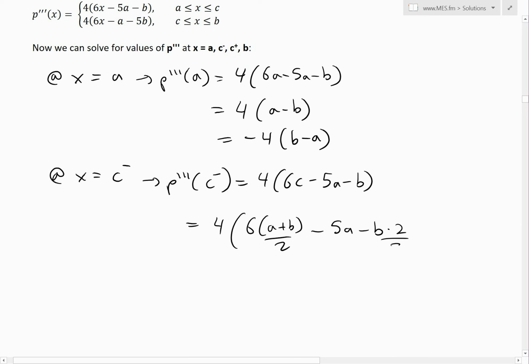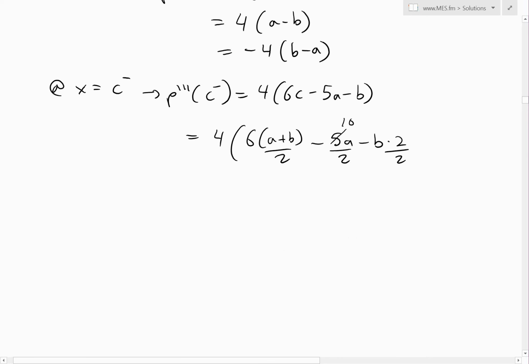Find the common denominator, 2, so b times 2 over 2 and 5a times 2 over 2, which is 10a over 2. So this is 6a plus 6b, and the 2s we can cancel out, we'll have a 2 in front.